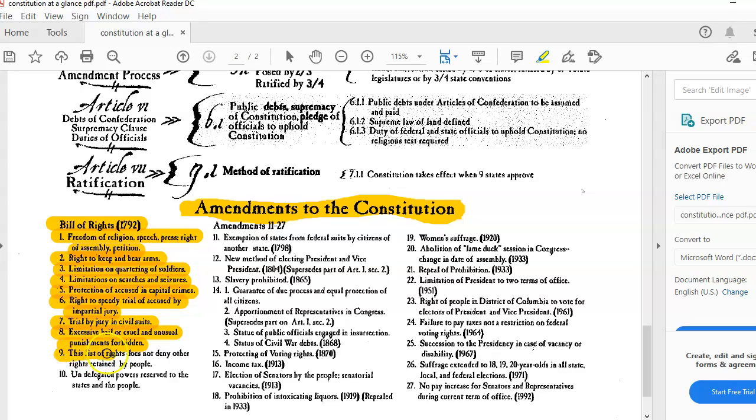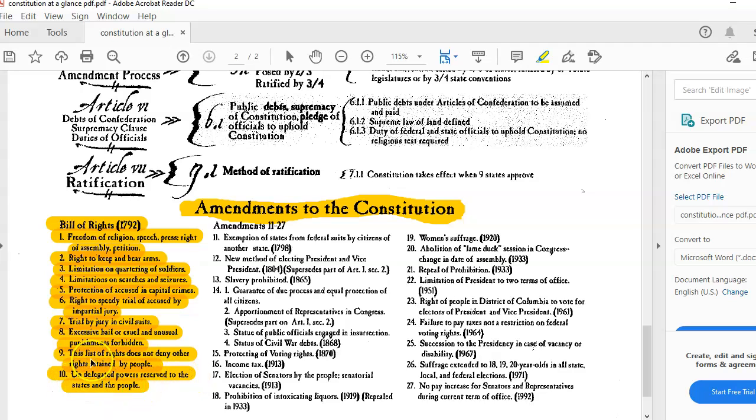9 and 10 really are important, but kind of are a little confusing. 9 is this list of rights does not deny other rights retained by the people. And then 10, delegated powers reserved to the states and the people.